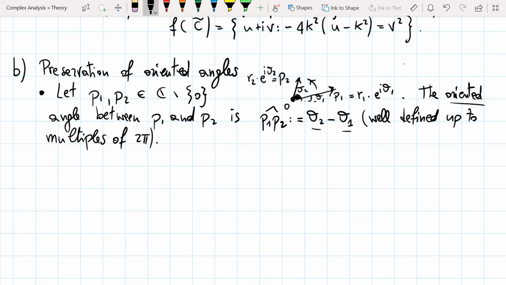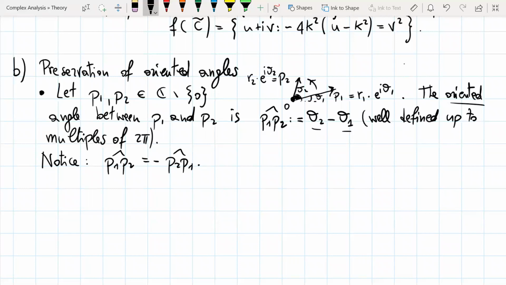So if I reverse the roles of P1 and P2, I will get minus the angle. So notice that the angle between P1 and P2 is minus the angle between P2 and P1. Okay, this is because the angle is oriented. So we are always thinking we are rotating P1 in the direction of P2.